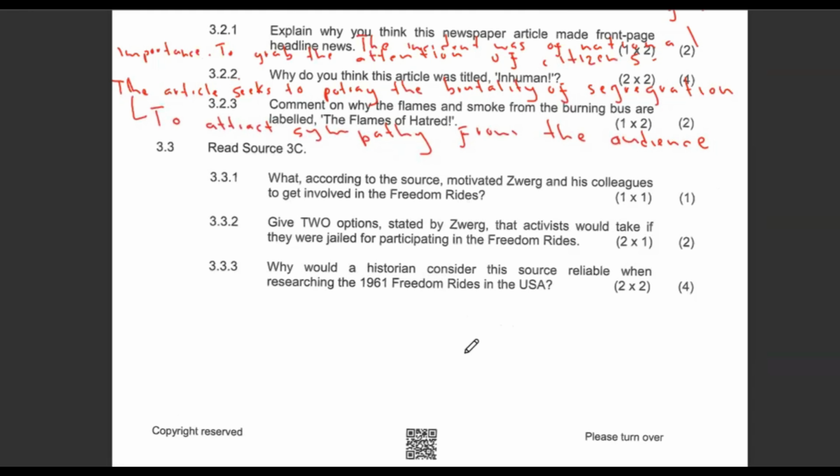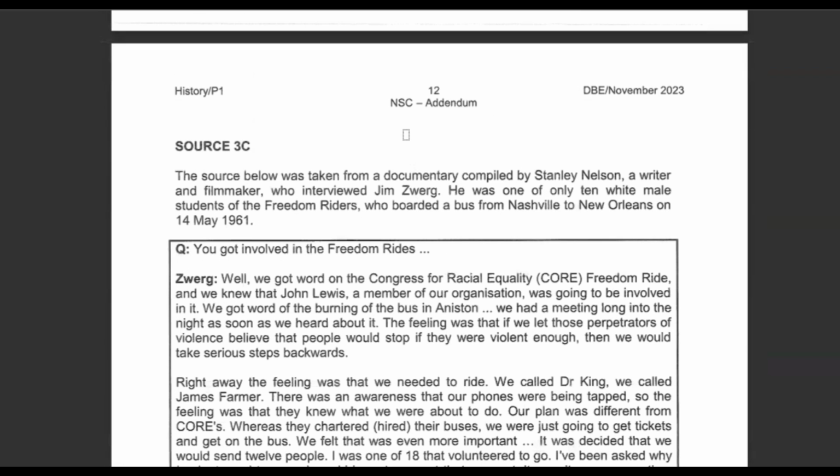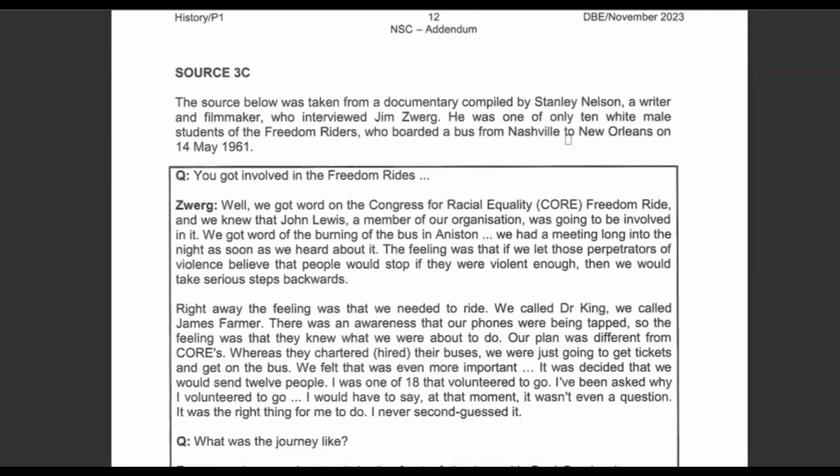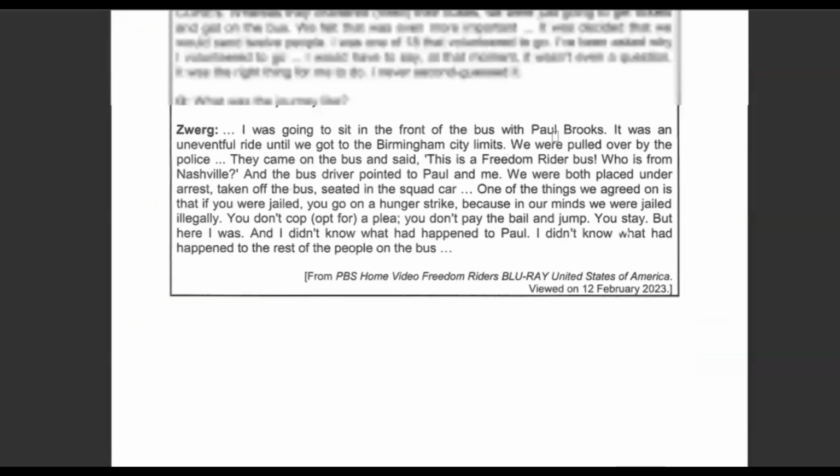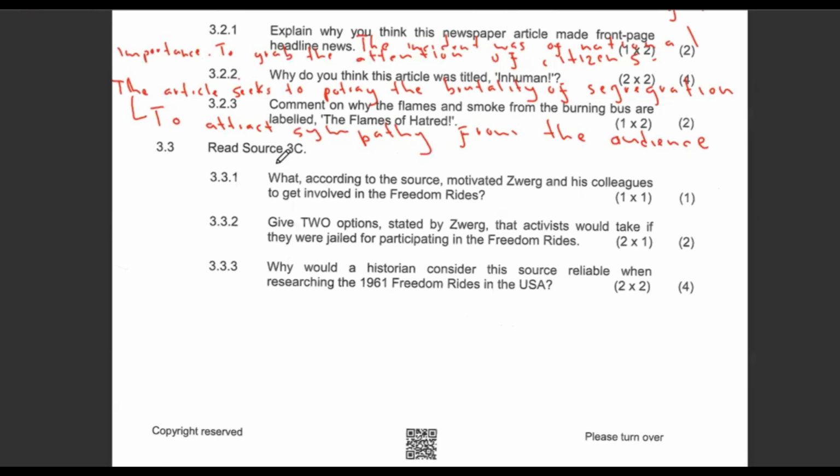Then if you go to source C, it is actually an interview between Stanley Nelson, a writer and a filmmaker, who interviewed James Swag. If you look at this interview, it is actually a first-hand source of information. Now let's refer to the questions.